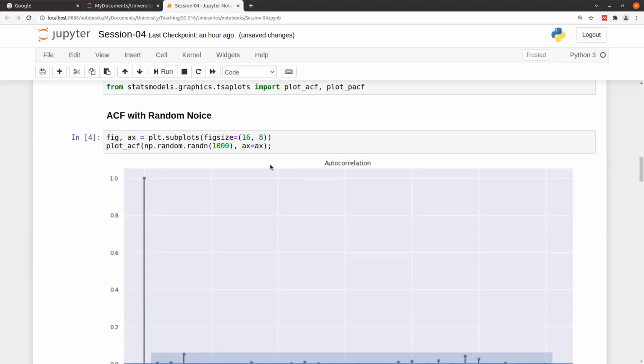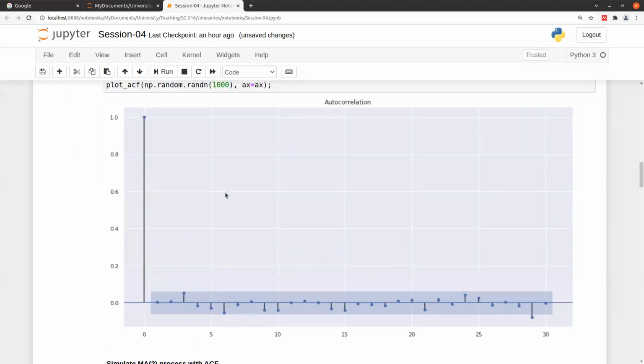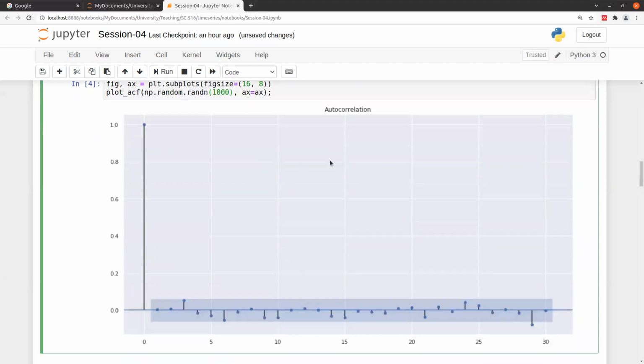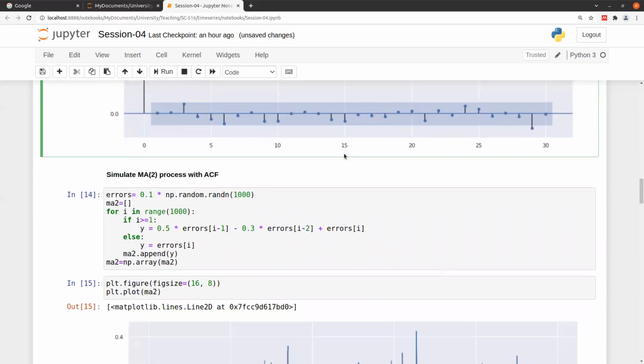With the random noise, we check whether the autocorrelation function identifies any lag, but it did not identify any lag, which means that because it's random noise, there should not be any relationship, and it totally identified there is no relationship.